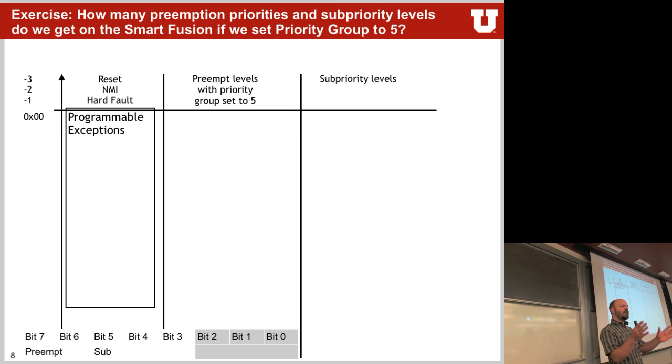We have the bit field that sets where the partition is between preemption priority, or the group priority, and the sub-priority. This is set in a register in the NVIC. There is a 3-bit or 4-bit number where you say how many bits of this 8-bit register are sub-priority and how many are preemption priority.